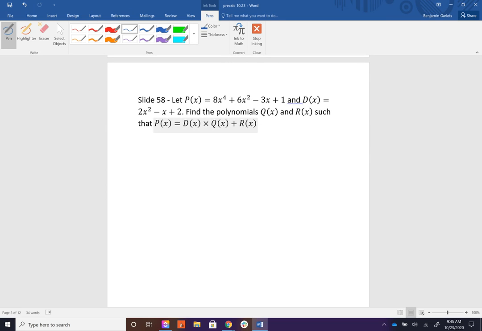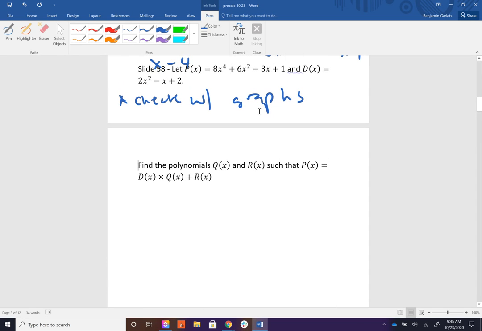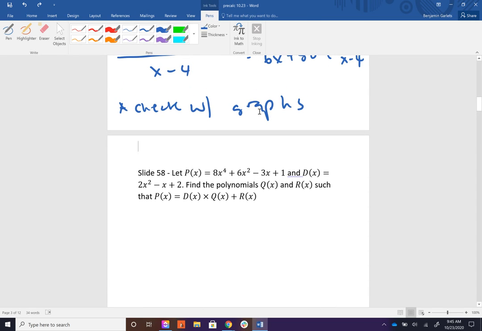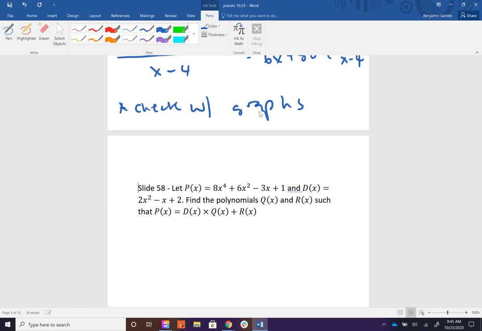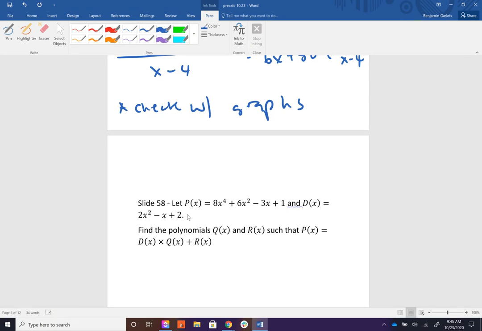So this is another example, except this time we're looking at a fourth degree polynomial being divided by a second degree polynomial. And then in the end it says, find the polynomials q of x and r of x, such that this is true.